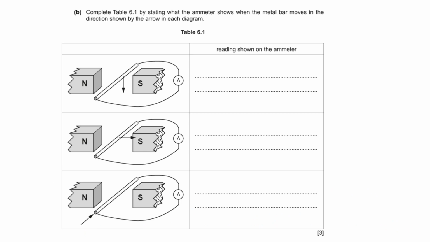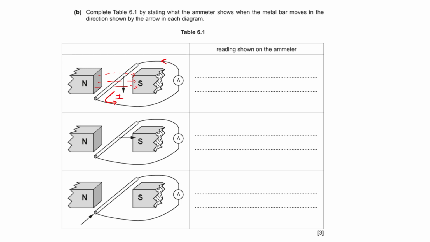Next part, it says complete table 6.1 by stating what the ammeter shows when the metal bar moves in the direction shown by the arrow. Again, your magnetic field lines are in this way. Your bar moves down, so the direction of current will be opposite to what we have seen earlier.